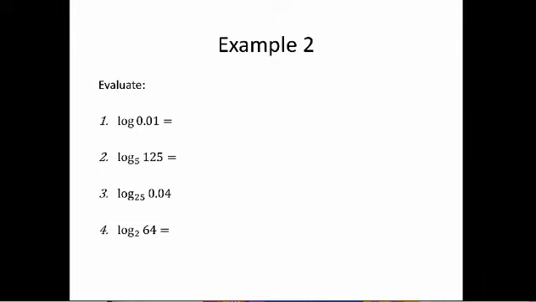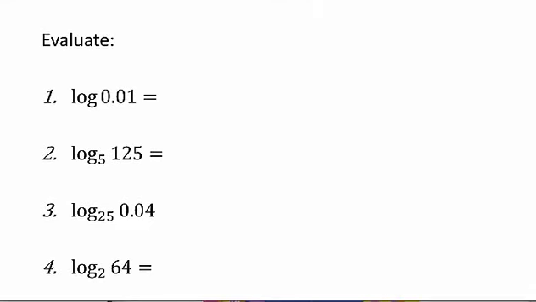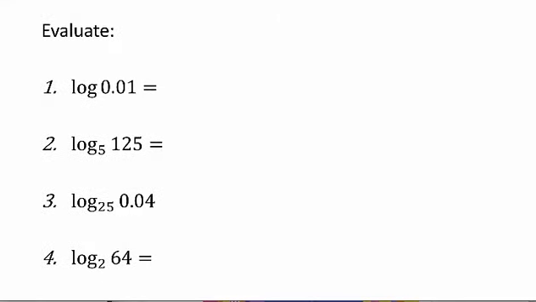So a couple examples here. Number 1, log of 0.01. This is exactly what I was talking about a second ago. This is really saying log base 10 of 0.01, and we're trying to figure out what that's equal to. Now I'm going to translate that back into a fraction.